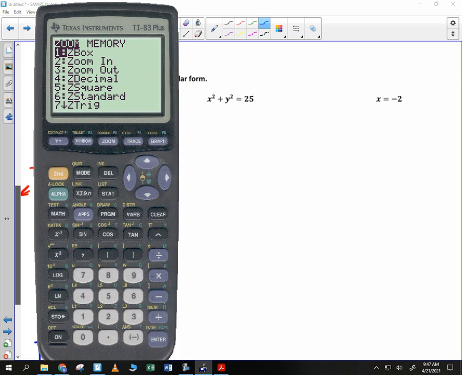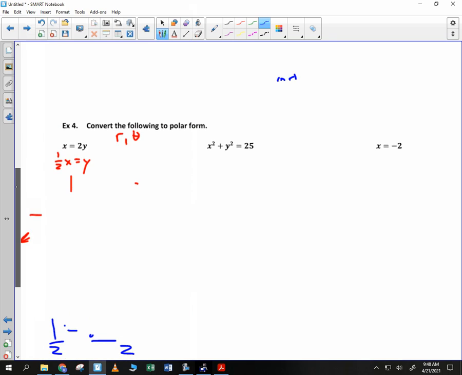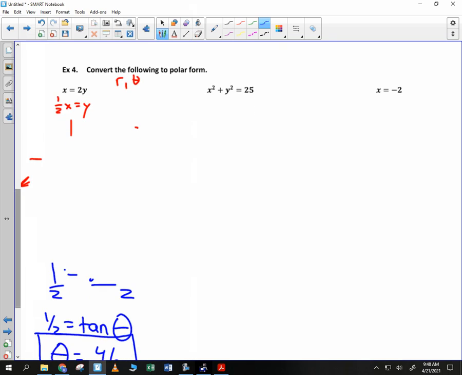Okay, what's that? Standard. Press enter. Yes, your plot's on up there. So your plot was sitting on, which messed everything up. Okay. If you're having trouble graphing things, I'll help you out a little bit.